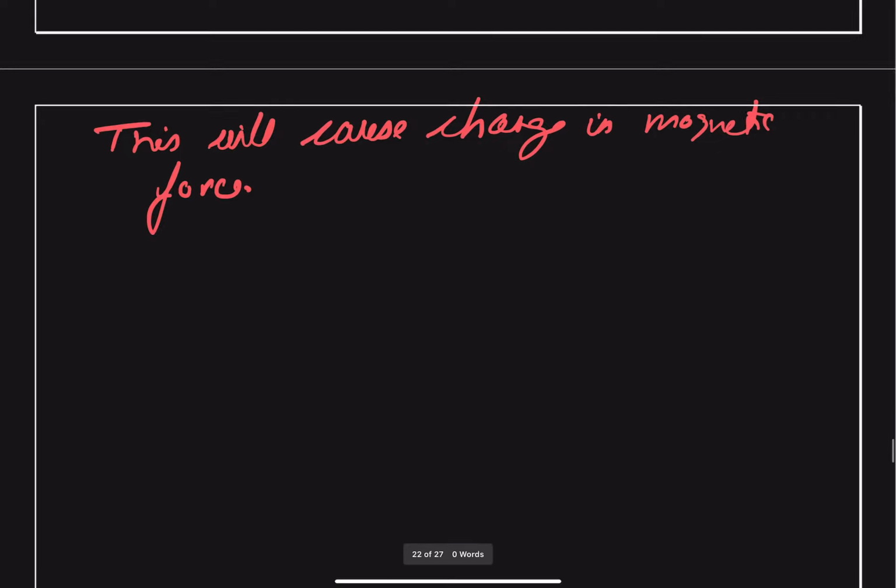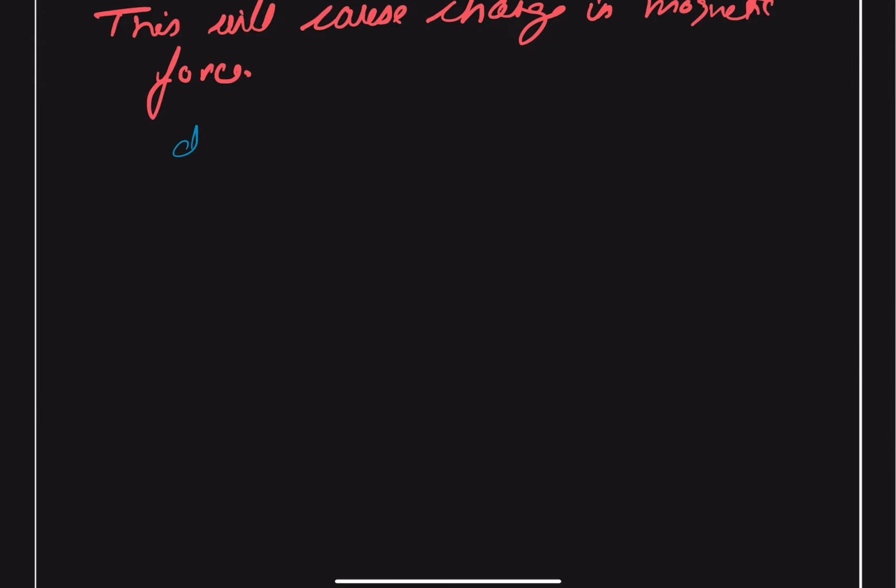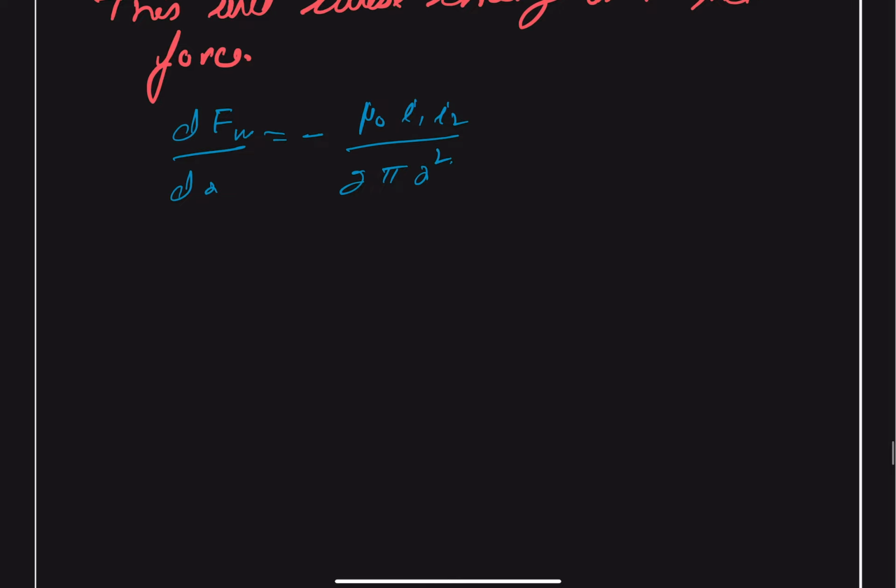So we can find the change in magnetic force with respect to distance x by differentiating, and we get minus mu naught I1 I2 divided by 2 pi x square. Further, dFm is equal to minus mu naught I1 I2 divided by 2 pi, and we know that x is equal to d, so this comes as d square multiplied by dx.